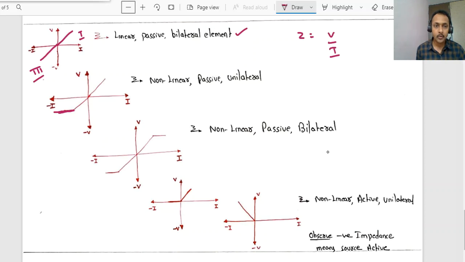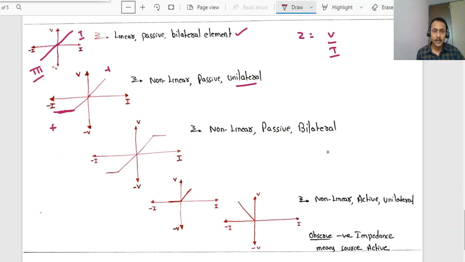Is it bilateral? If you take the ratio of V by I in both the quadrants, will you get the same Z value? No, you are not going to get the same Z value. So it is a unilateral element. Power is the product V into I, and positive value gives power. Here negative current, negative voltage, if you take the product of V and I, you will get a positive value. Right?